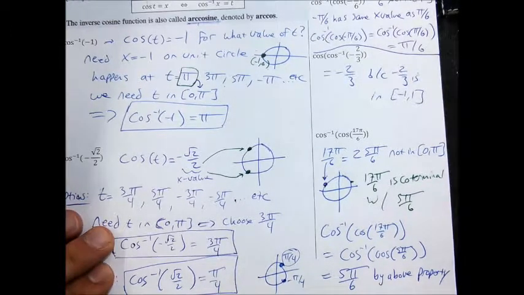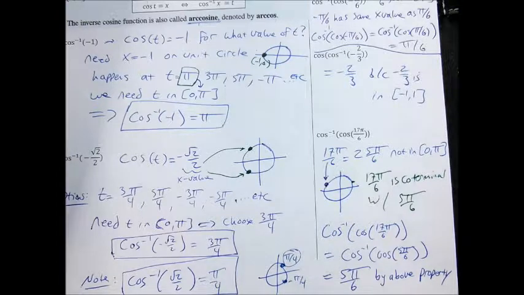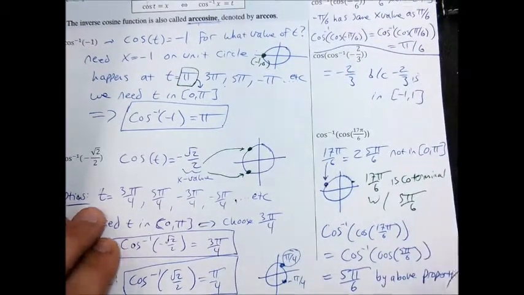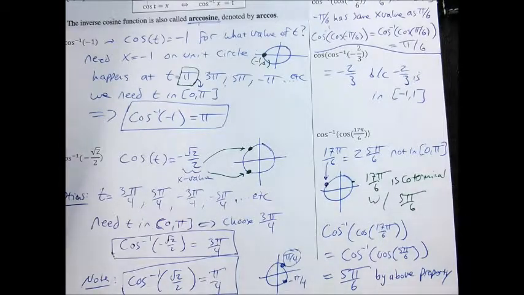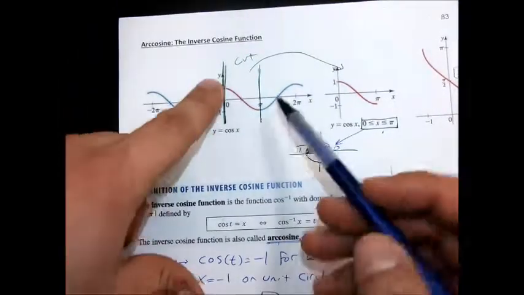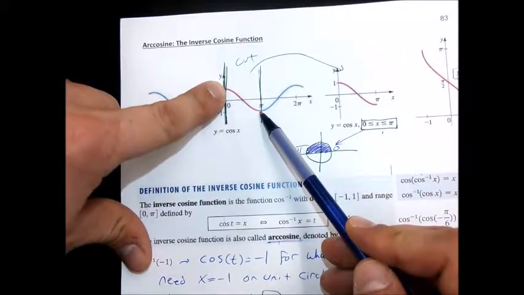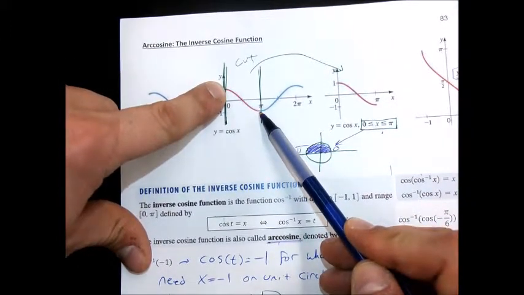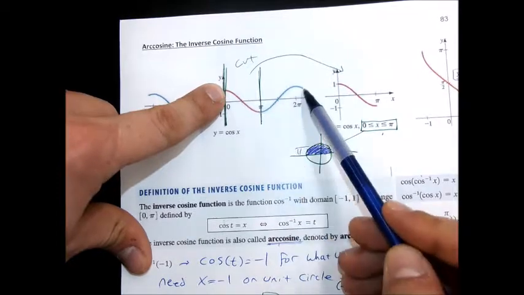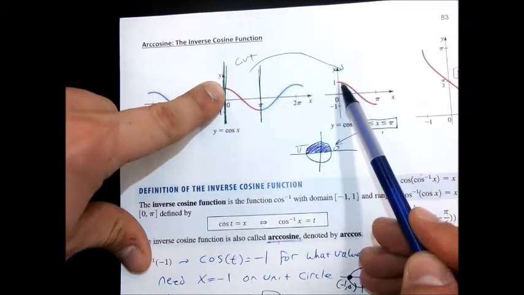Technically speaking, 17 pi over 6 is just as good of an answer in some sense as 5 pi over 6. The reason that it doesn't quite, quote unquote, work here in this context is because we are focusing on just this piece of the graph, and 17 pi over 6 isn't on this piece. 17 pi over 6 is over here somewhere past 2 pi.